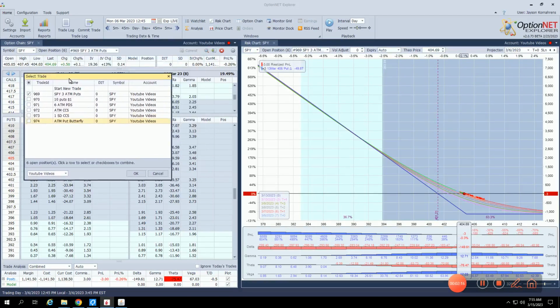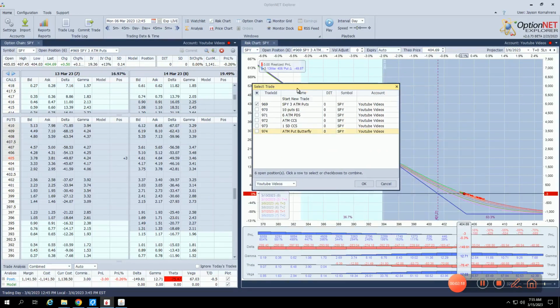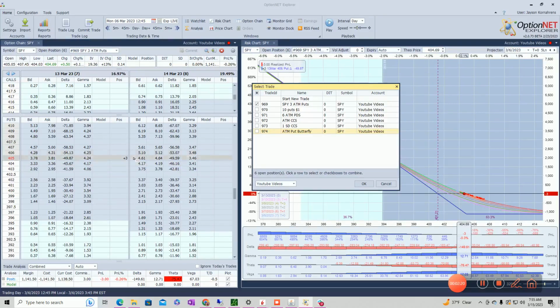So let me just give you a little rundown of what's going on with all of these. Basically, we're assuming we got roughly $1,000 to trade this one. I think I went a little bit over on some of these, but just over $1,000. So we're just saying an at the money, just straight put, and I'm sure that one's going to do the best because I know what happens.